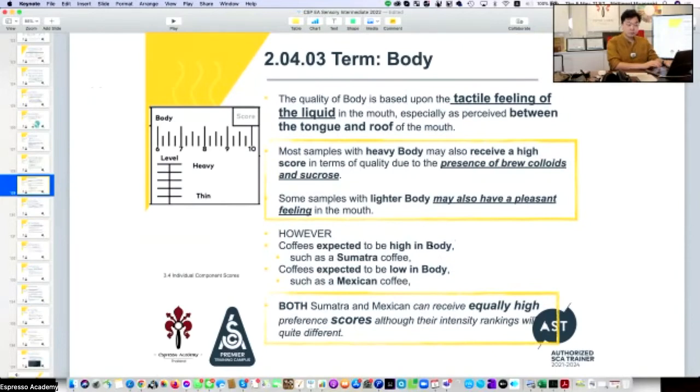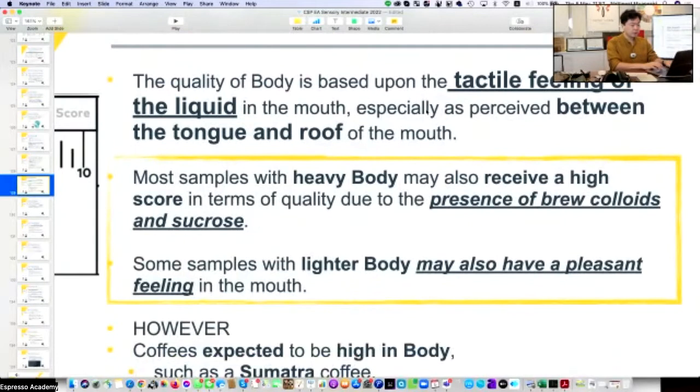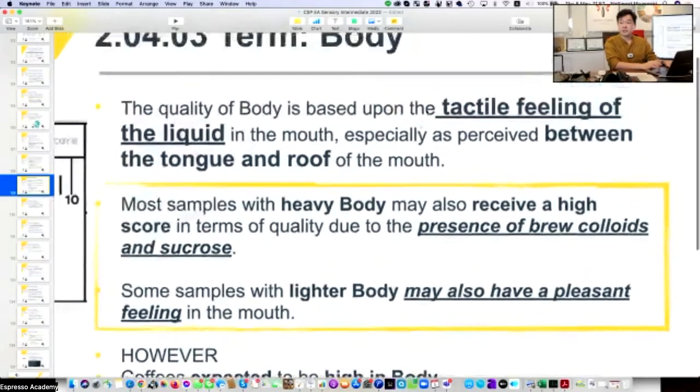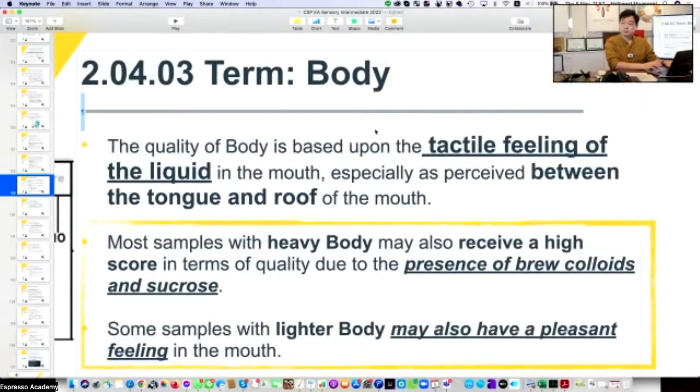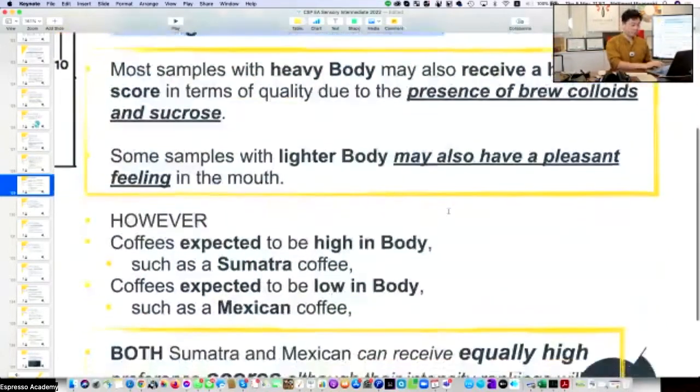Same as in body, expectation. What's the body? Yesterday someone asked about body and viscosity. Body is the tactile feeling between the tongue and the roof of the mouth. But don't forget, it comes with expectation again.